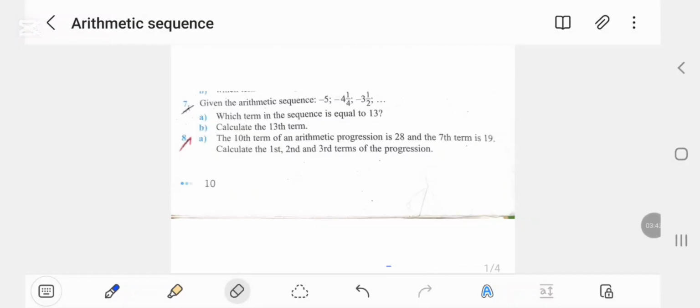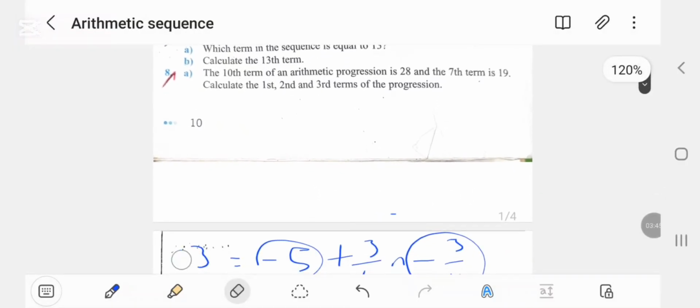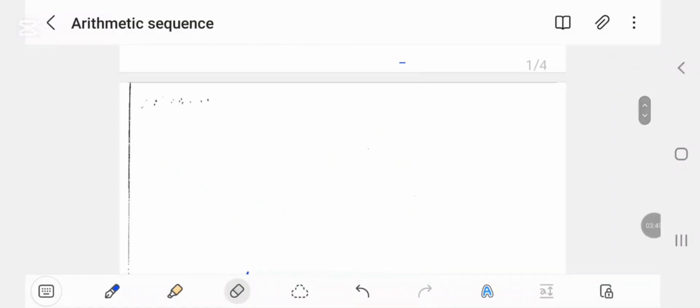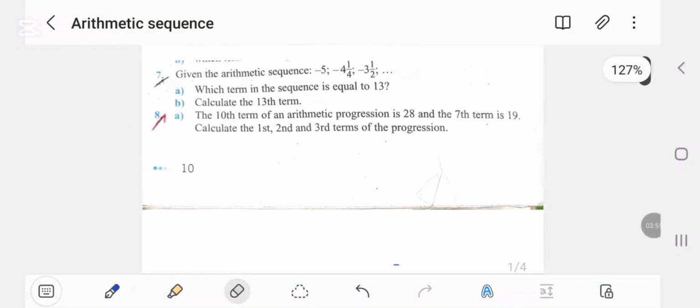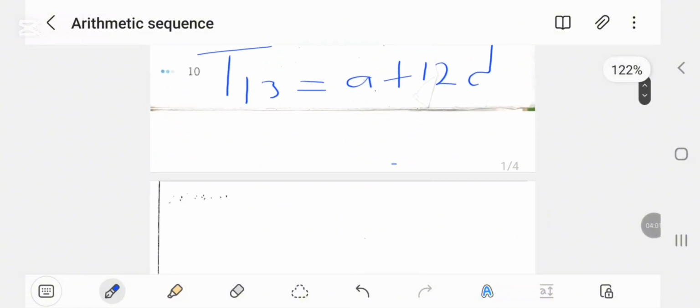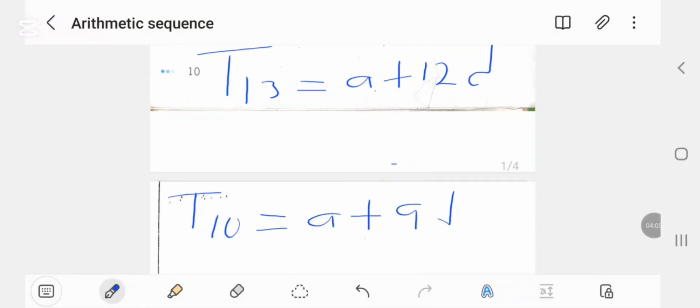Calculate the 13th term. There are two options. The easy one is this one. T13 is equal to a plus 12d. I told you if we have T10, for example, we write its equation as a plus 9d.